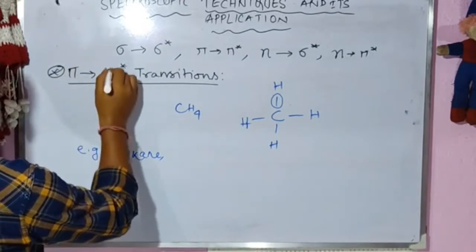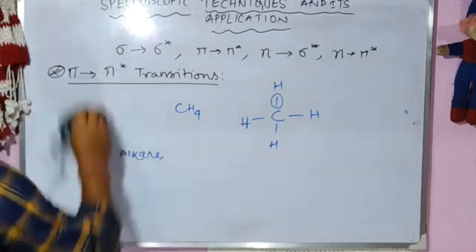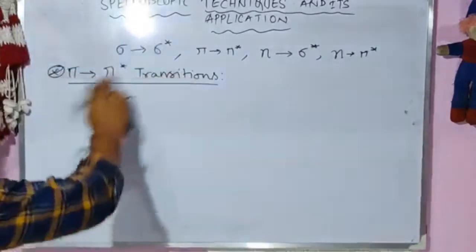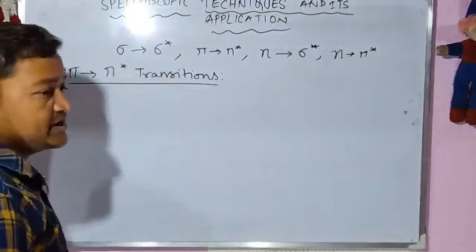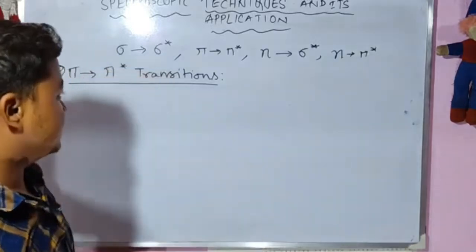Pi to pi star transition. In molecules in which pi orbitals are present, the pi to pi star transitions occur.